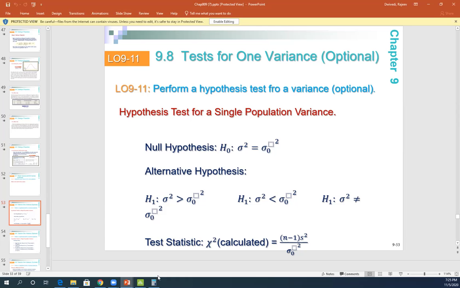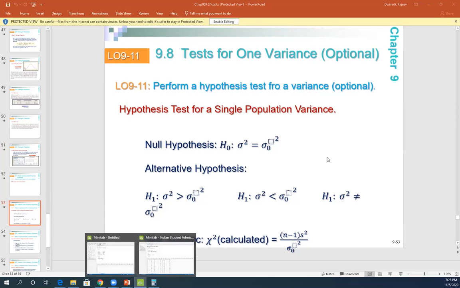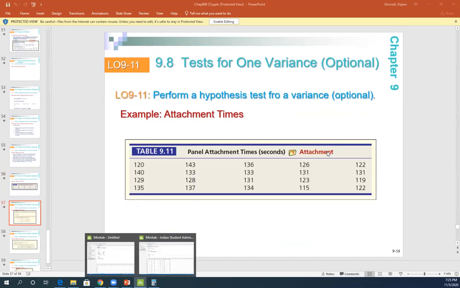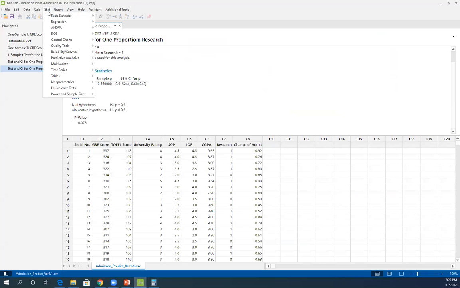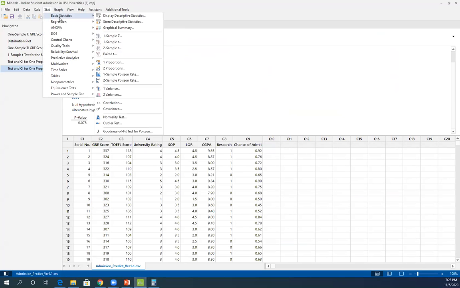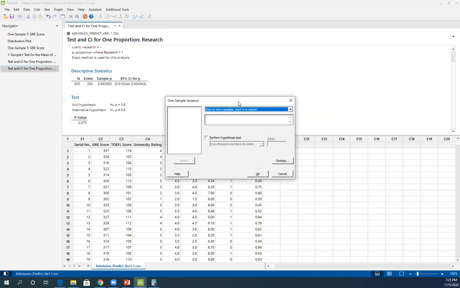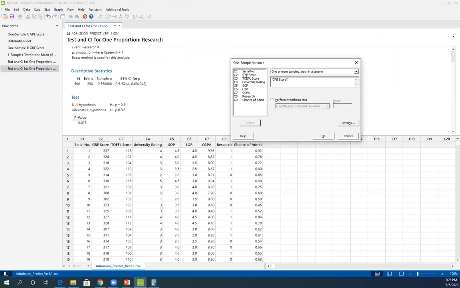So let me check what is the situation in this case. For variance we are just going to use the chi-square test. So I'm going to statistics, basic statistics, one variance. I'm just going to use the variance for all the university 22,000 students, perform hypothesis. Either I can use the standard deviation, so let's say I'm just going to write 11 as the value of standard deviation of all 22,000 students based on this sample.